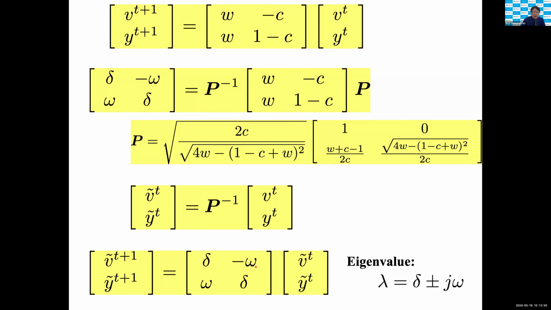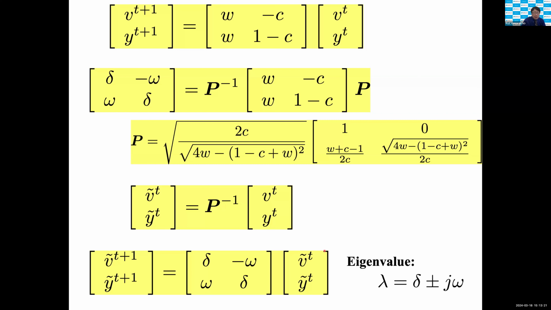This difference equation matrix can be transformed into a canonical system using matrix P like this. Furthermore, by using matrix P to transform the coordinate system as well, a canonical deterministic system like the one shown at the bottom can be derived.